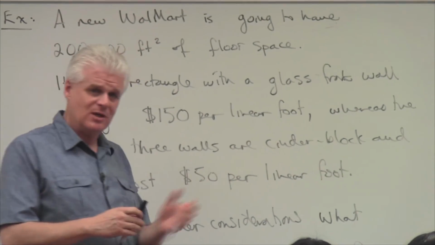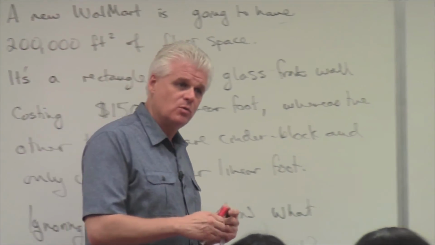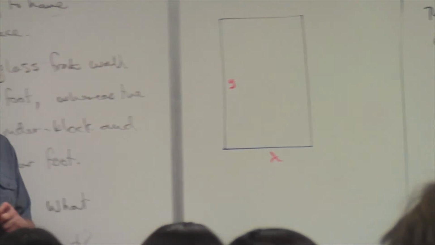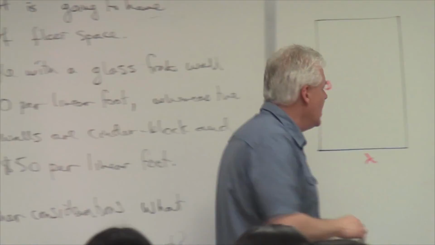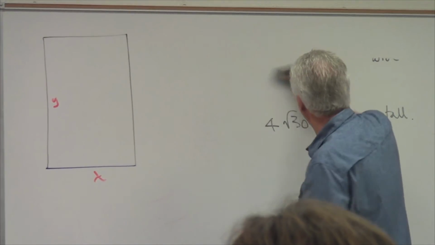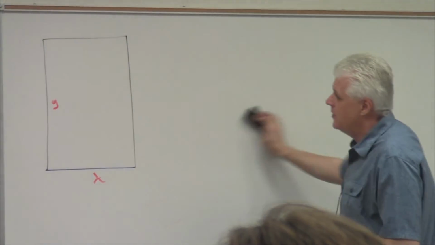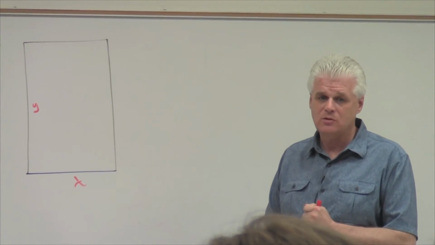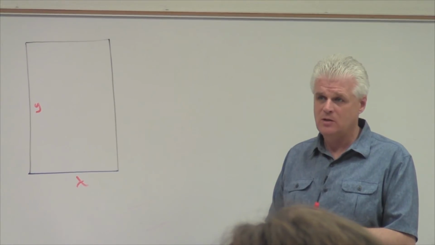So how many dimensions do we have to keep track of here? 2. We'll call them X and Y. Okay? And we already have a constraint. It was told us right away. What constraint do we have? The area, in other words, X times Y, has to be 200,000. Does that make sense to everybody?